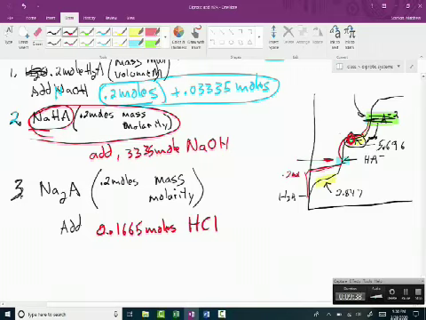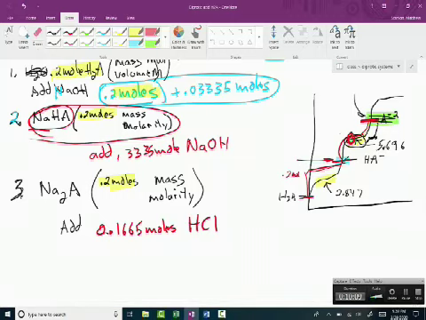So those are the three possibilities. I can start at H2A, HA minus, or A minus 2. And I'm going to ask you, and could ask you, any one of those possibilities, and you have to figure it out. This gets complicated, because there are a lot of ways to get my 0.2 moles. I've gotten it three different ways there, and it is what it is.